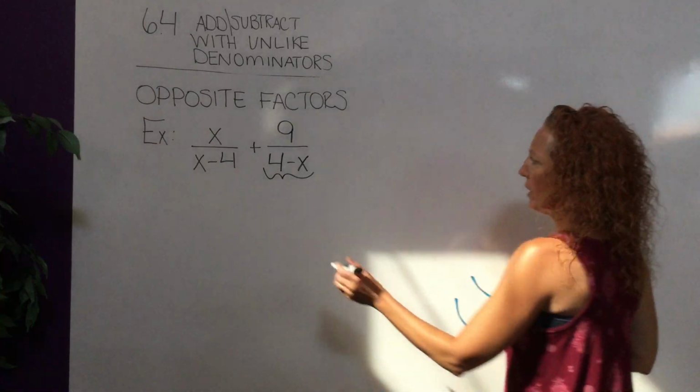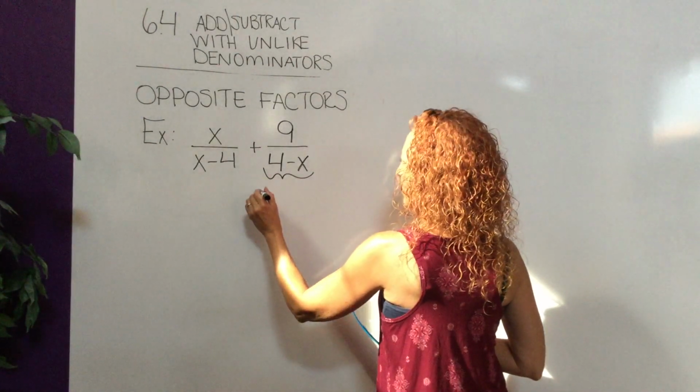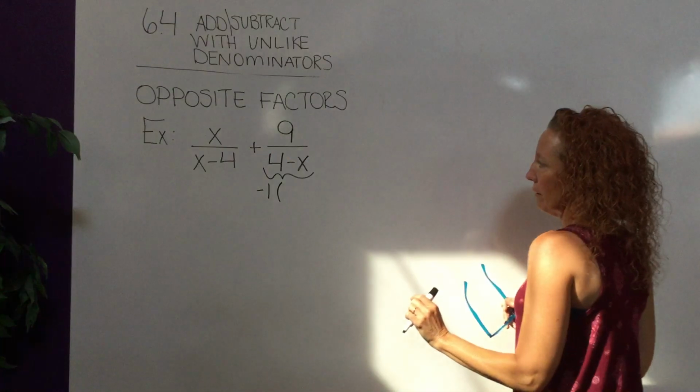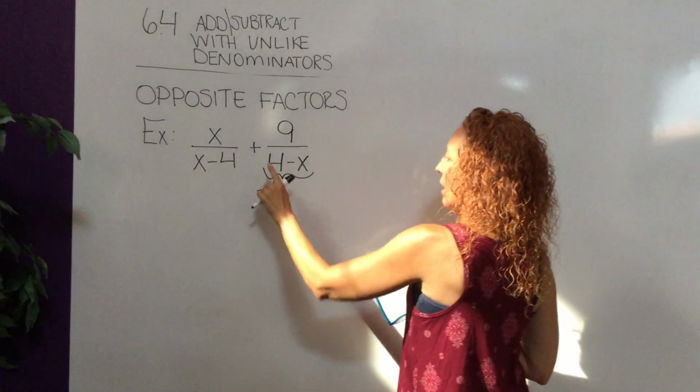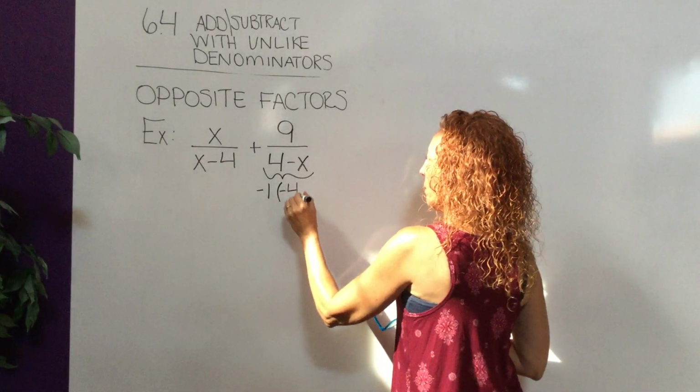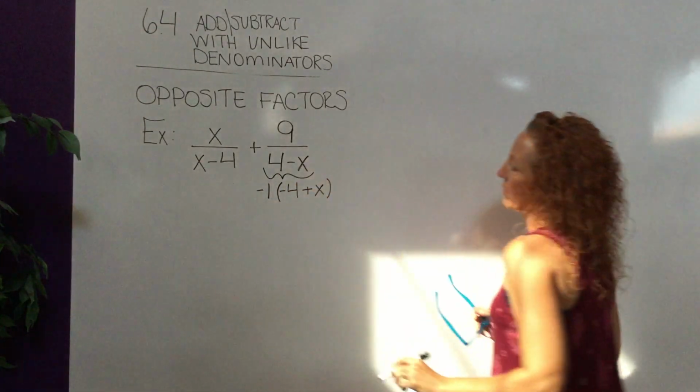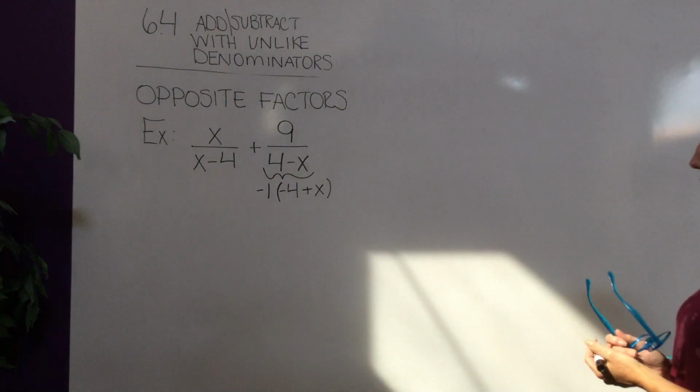And so what you can do is you can actually pull a -1 out of this denominator. And when you do that, this 4 will become negative, and the x changes signs to a positive.